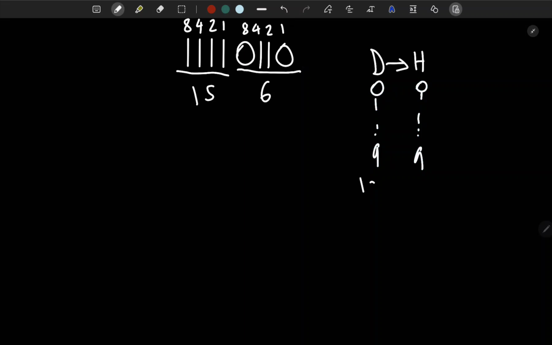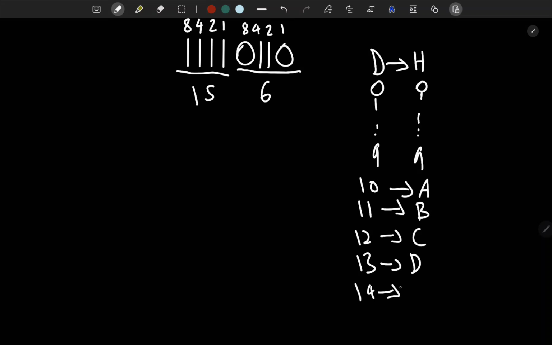Okay, and when we come to 10, 10 represents A in hexadecimal, 11 represents B, 12 represents C, 13 represents D, 14 represents E, and 15, which is the last digit, represents F.